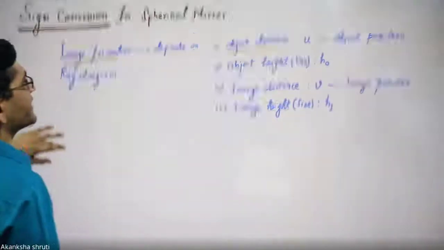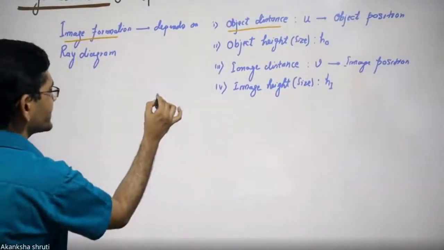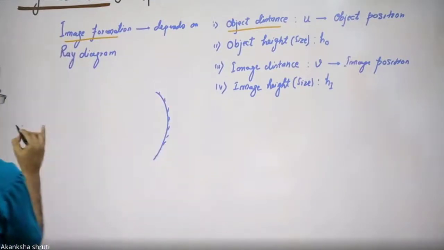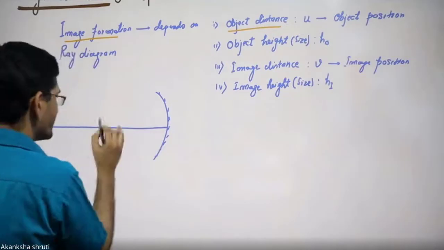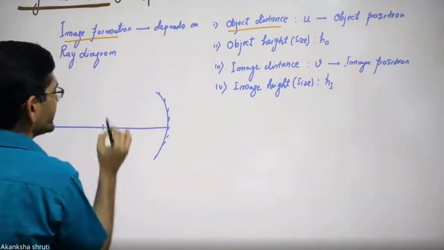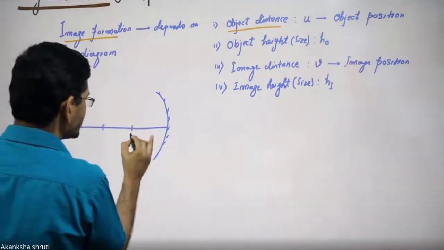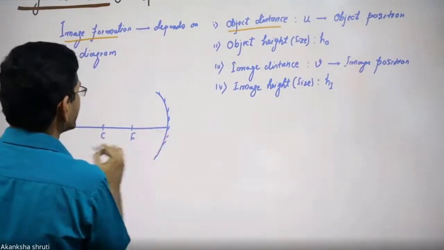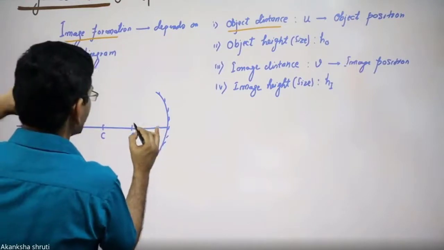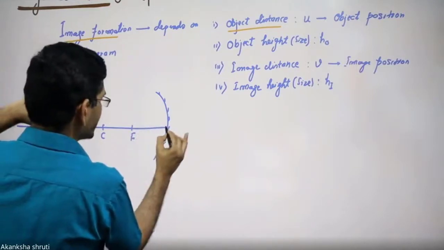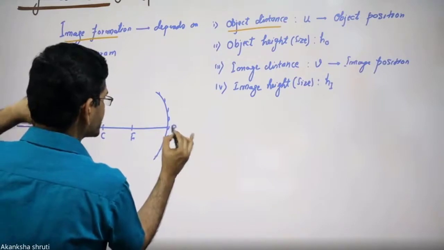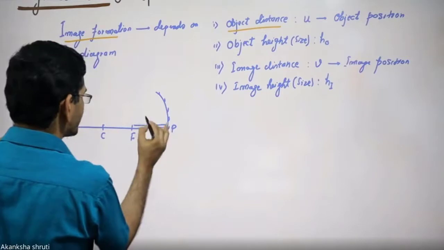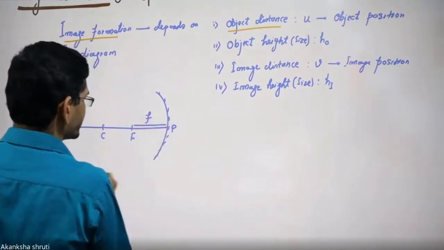Now, students, we have learned that for any given mirror, we have the focal length, meaning the focus, and the center of curvature, meaning the radius of curvature. This focal length is always measured with reference to the pole, and we say the distance between pole and focus is the focal length.